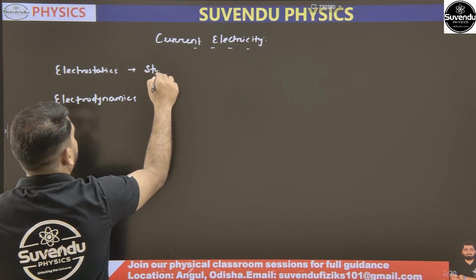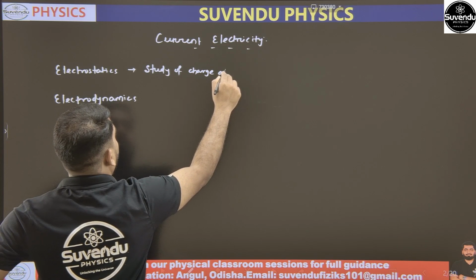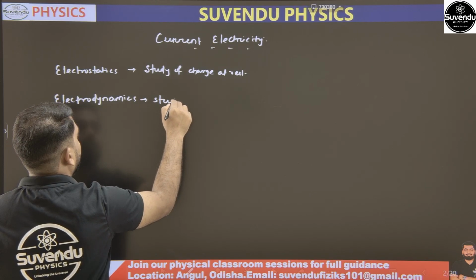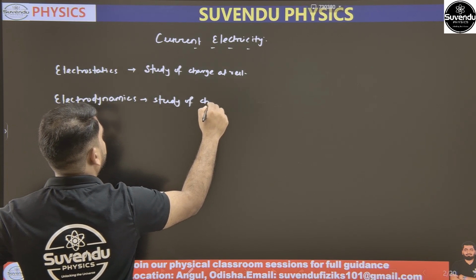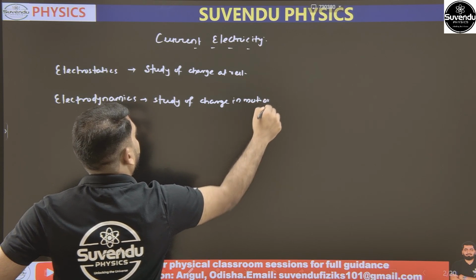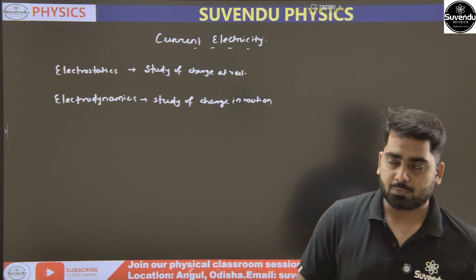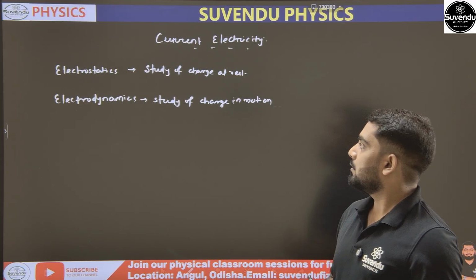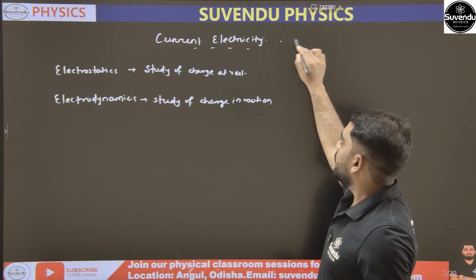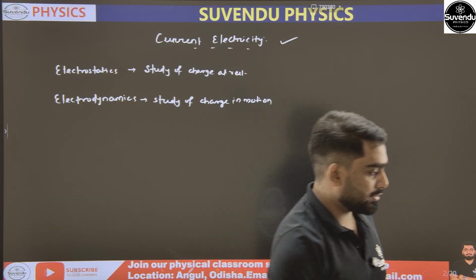It is the study of charge at rest, and electrodynamics is the study of charge in motion. When charges are in motion, that part is related to electrodynamics. When charges are at rest, that is related to the electrostatics portion. So here we are going to start our electrodynamics topic because it is our current electricity chapter.